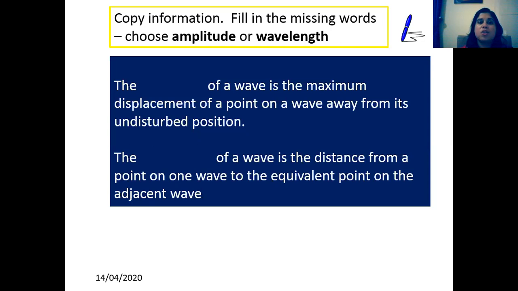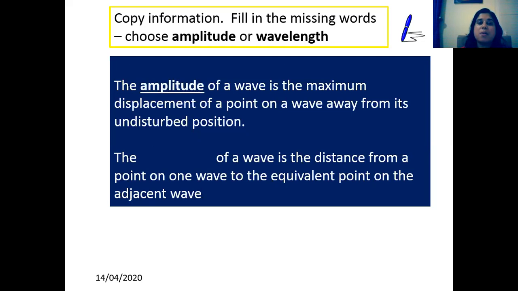The dash of a wave is the maximum displacement of a point on a wave away from its undisturbed position. What will come over here? The dash of a wave is the distance from the point on one wave to the equivalent point on the adjacent wave. Where do you think the amplitude will come and where do you think the wavelength will come?